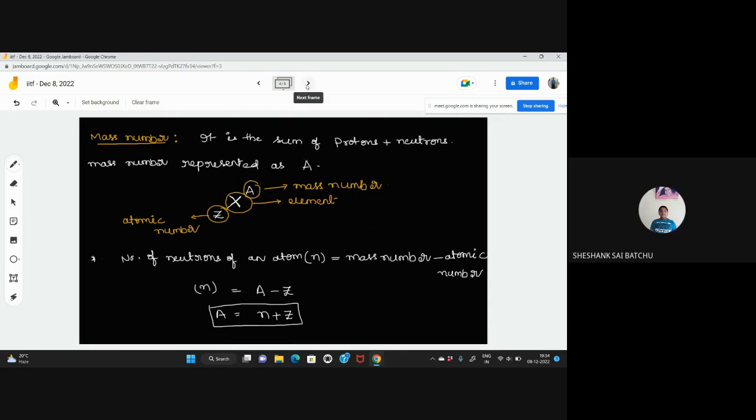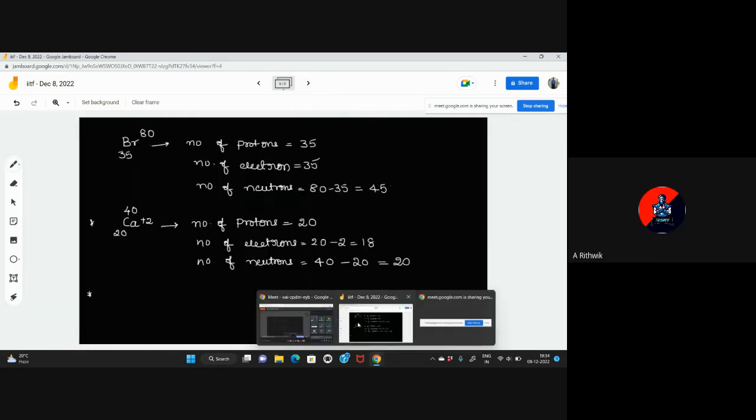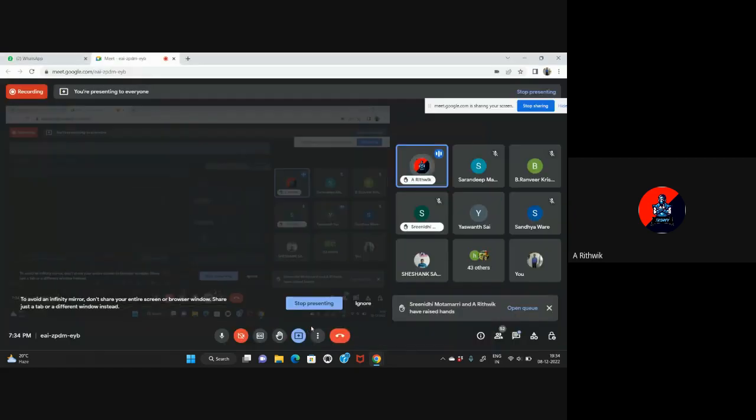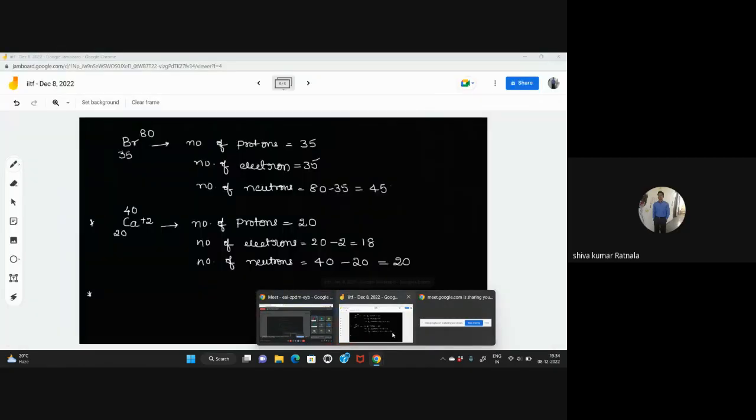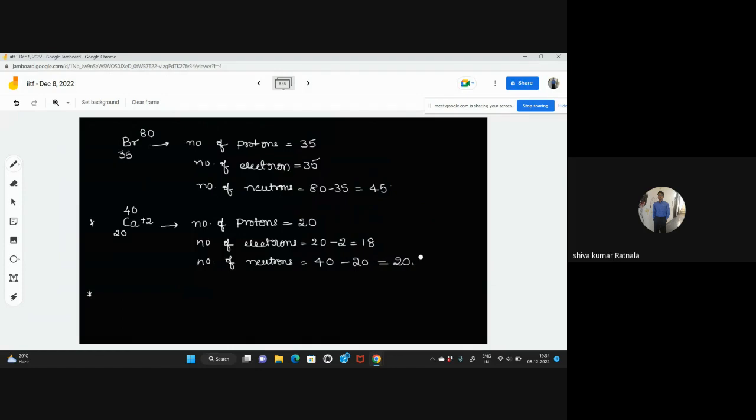Sir, how should we find out the number of electrons? First we need to find out whether it is a neutral atom or not. In a neutral atom, the atomic number is nothing but the number of protons, and the number of electrons and protons are the same.